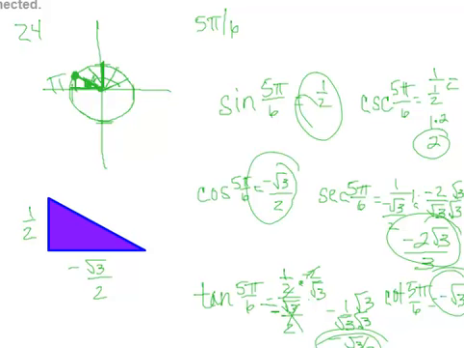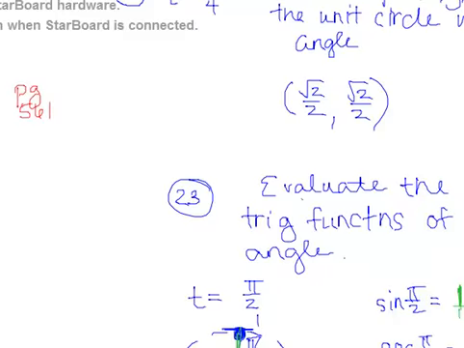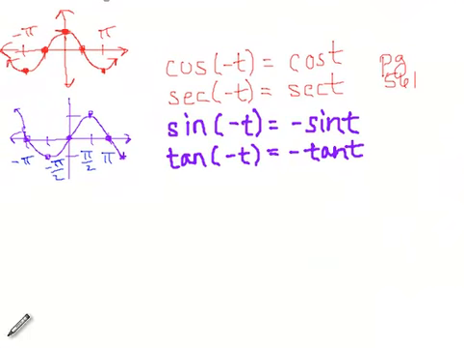And then finally, I just want to look quickly at 37. You're going to be using, for number 37, these rules right here. And we'll get into this more, but cosine is what we consider an even function. It's because if you plug in some sort of negated value, it would have been the same thing as if you plugged in the positive value.